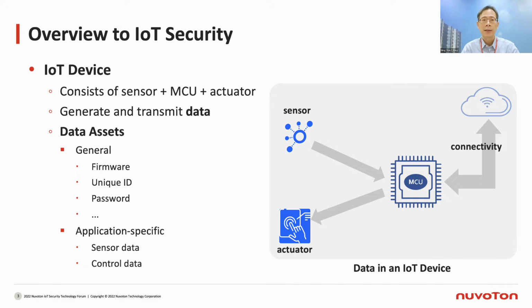An IoT device basically consists of sensors, MCU, and actuators, and is connected to the internet through wire or wireless interfaces. The sensor is responsible for collecting surrounding environmental data, and then sending the data to the MCU.